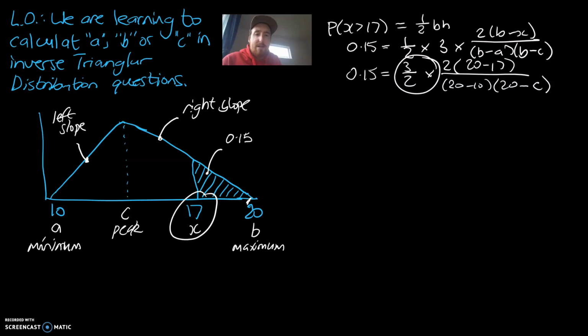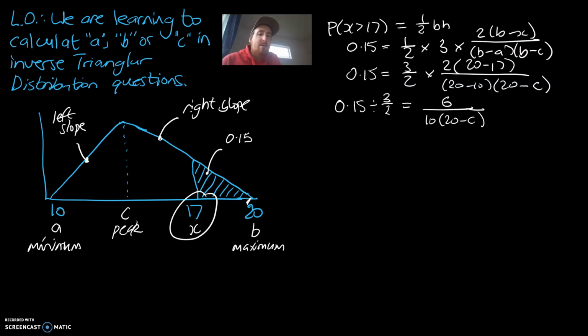We're going to move this times 3/2 to the other side, making it divided by 3/2. That is equal to 2 times (20 minus 17), so 2 times 3, which is 6, divided by 20 minus 10, so that becomes 10 times (20 minus c).